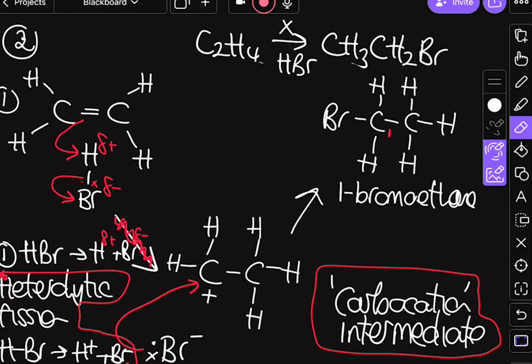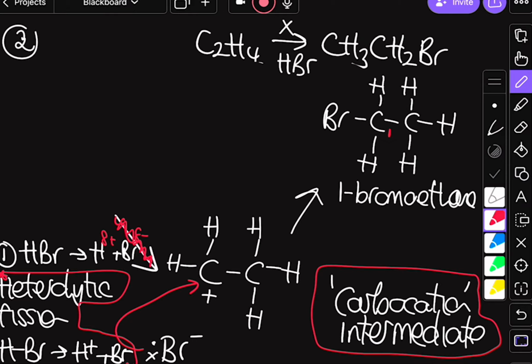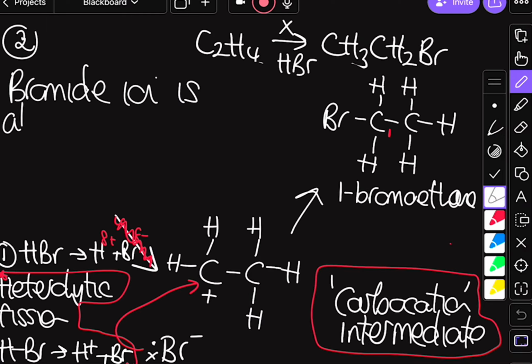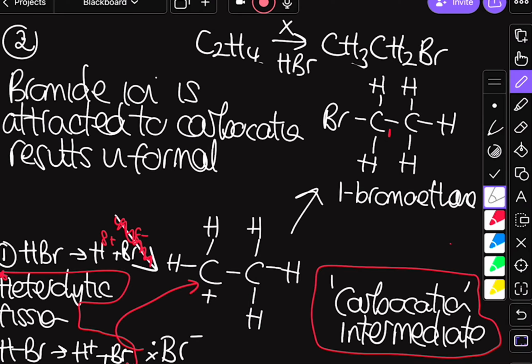For our step 2, to describe what's happening, our bromide ion is attracted to our carbocation, and it results in the formation of, in this case, bromoethane.